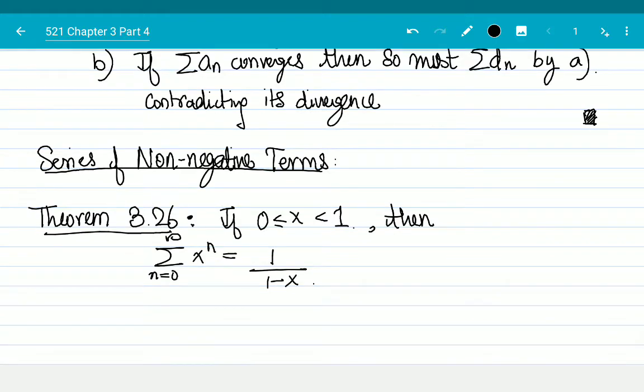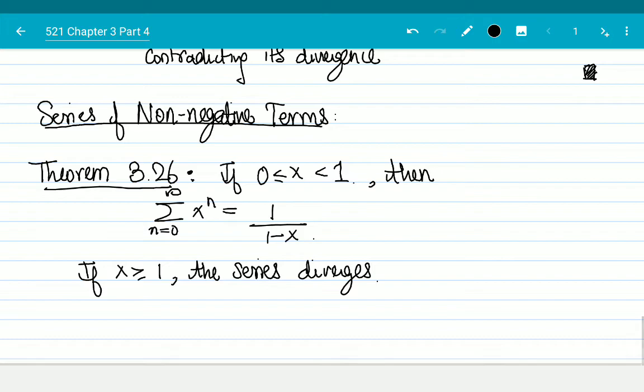If x is greater than or equal to 1, the series diverges. Once again, we are looking only at x on the reals, which is why we can look at non-negative terms.